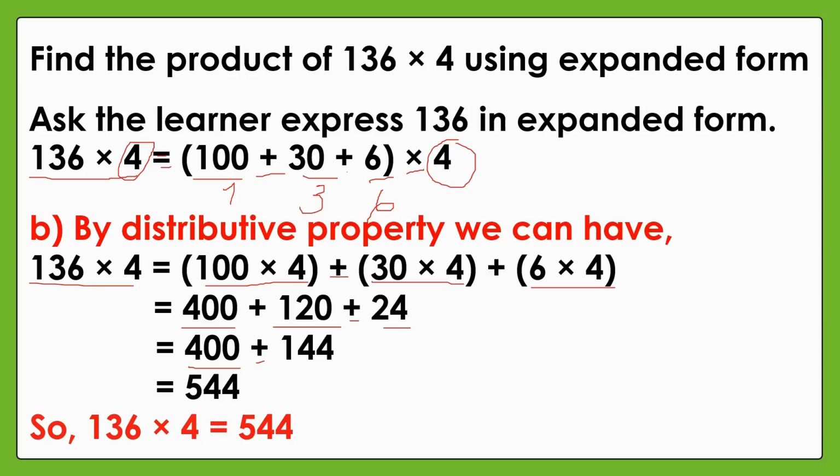So the total is 544. So therefore, 136 times 4 is equal to 544.